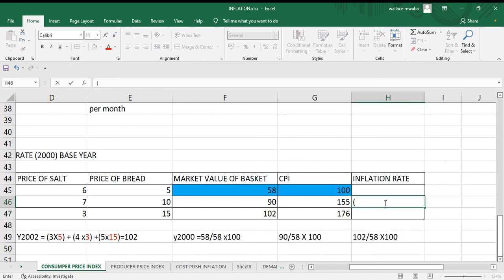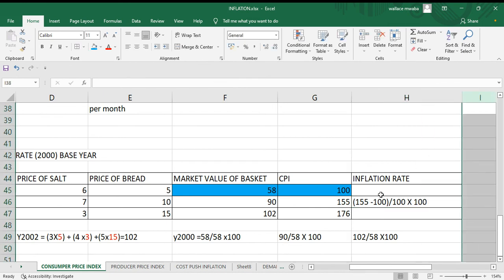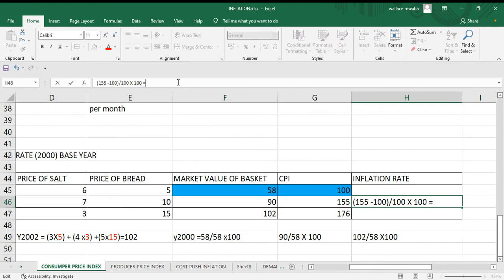So the CPI of this year is 155 minus the CPI of the previous year, 100, divided by 100, times 100. That gives 55%, a 55% price increment.